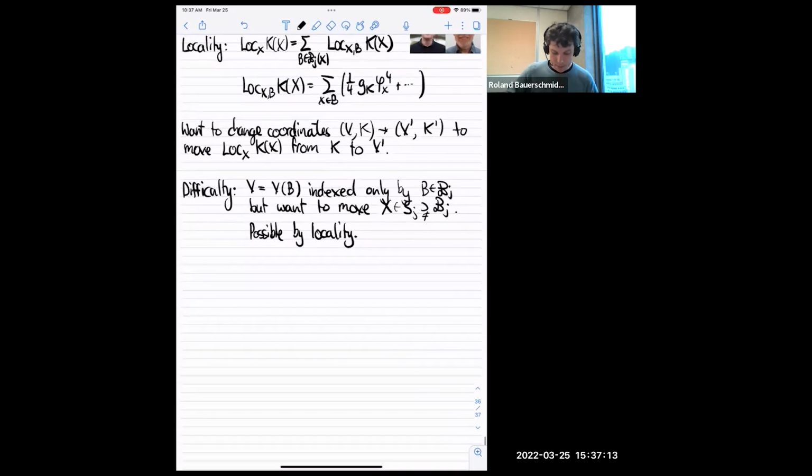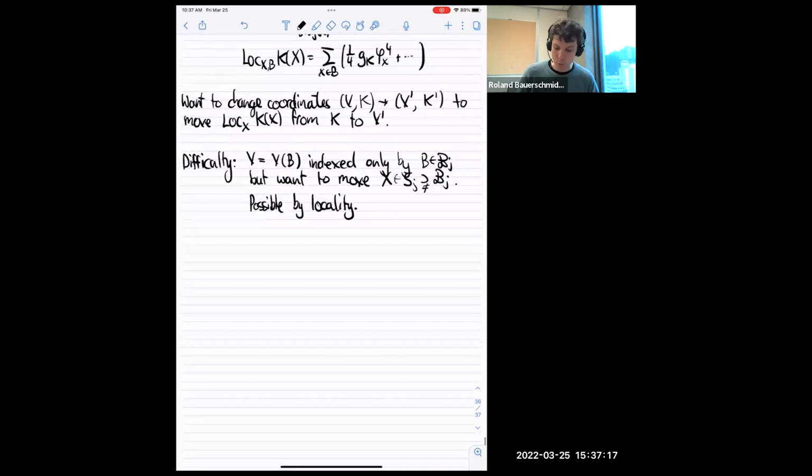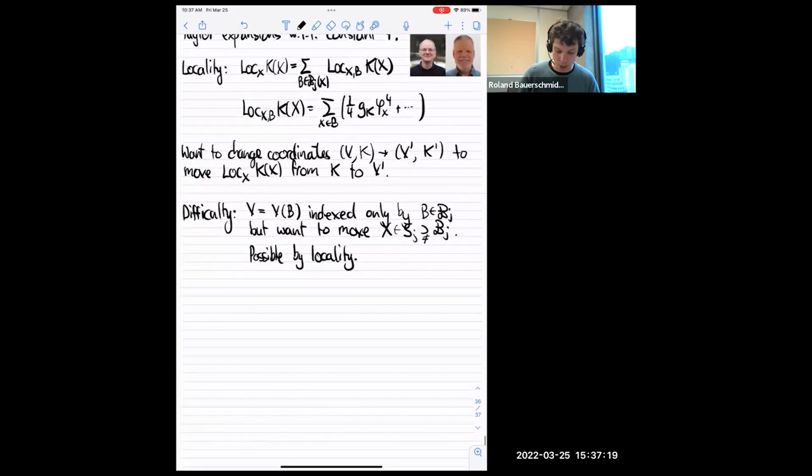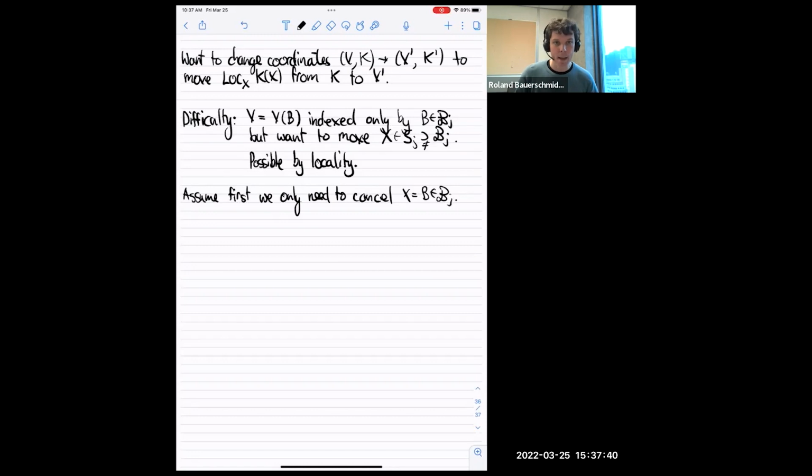And so to explain this, let me first assume we only want to cancel blocks, rather than small sets.